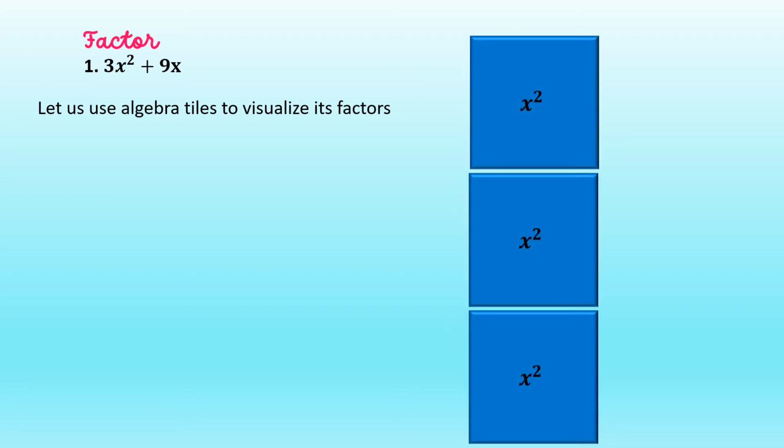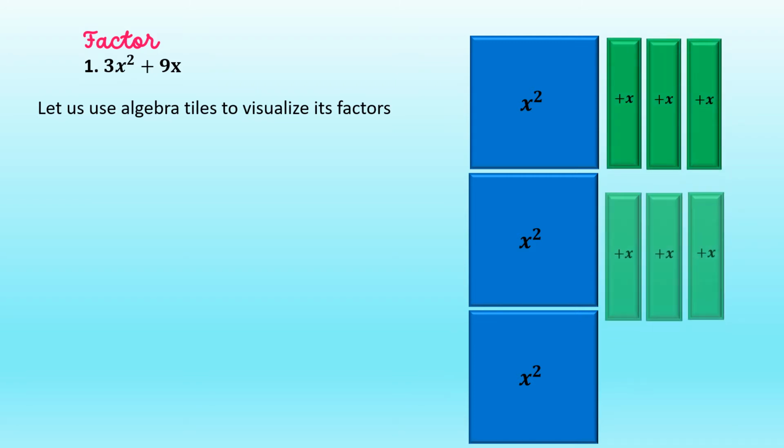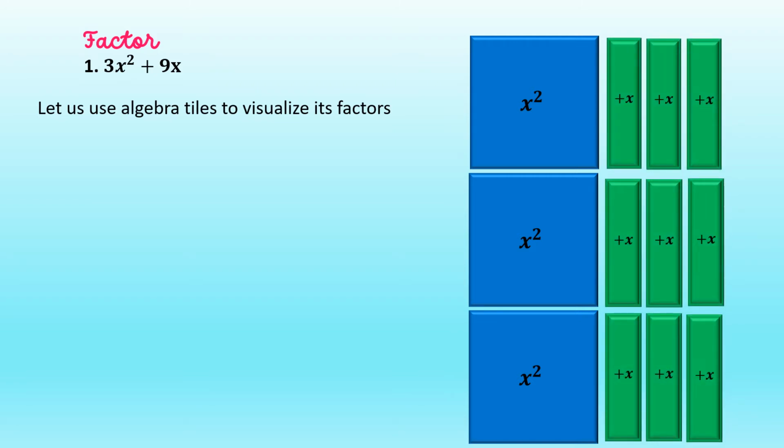Let us show the factors of 3x squared plus 9x and use algebra tiles to visualize its factors. So we have here 3 large square tiles, or the x squared tiles, or the quadratic tile. And we have 9 x tiles arranged this way to factor.